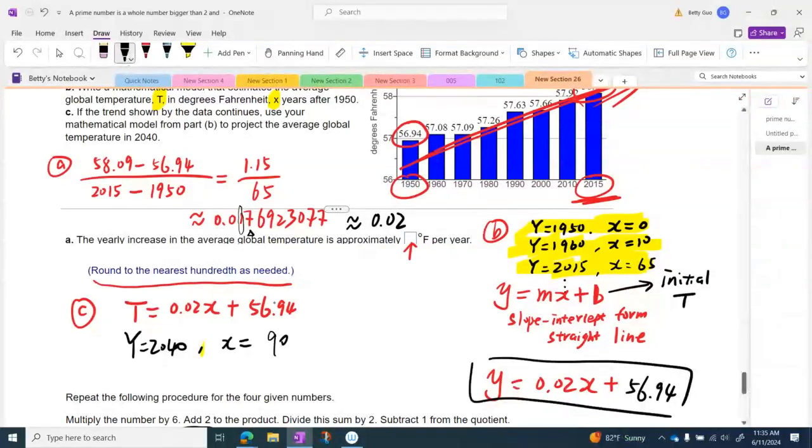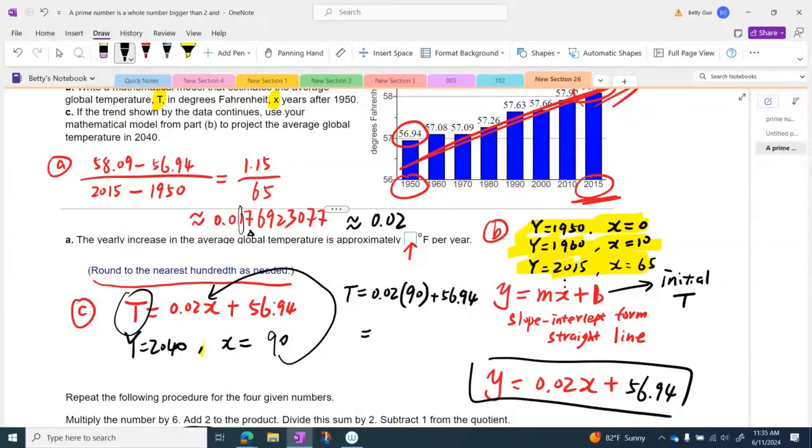So since part C is to predict the temperature, to predict the value of T, all we need to do is to plug in x equals 90. Okay, let's plug in. T equals 0.02 times 90 plus 56.94. I'm going to use my calculator. You can do the same thing.